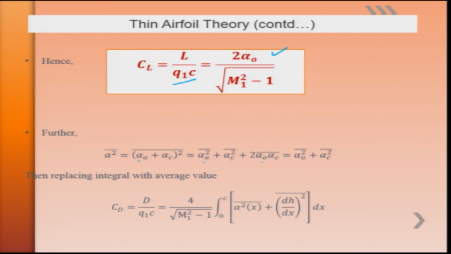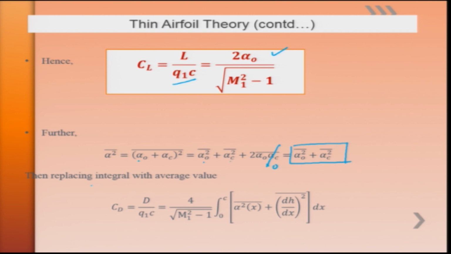Now, since the alpha c average again leads to 0, the expression will remain as alpha naught square plus alpha c square, both averages.